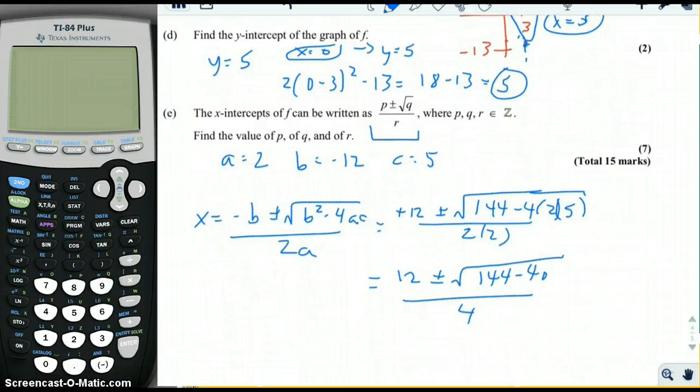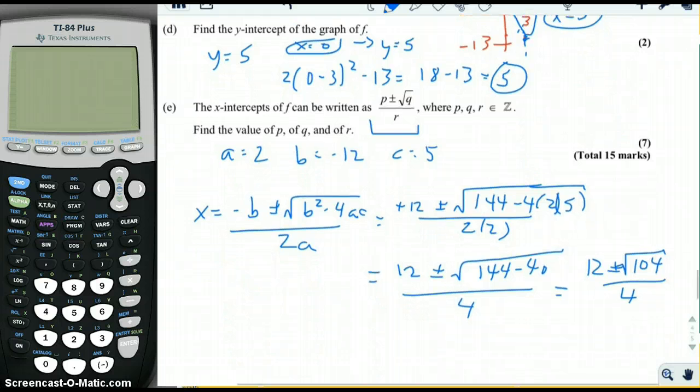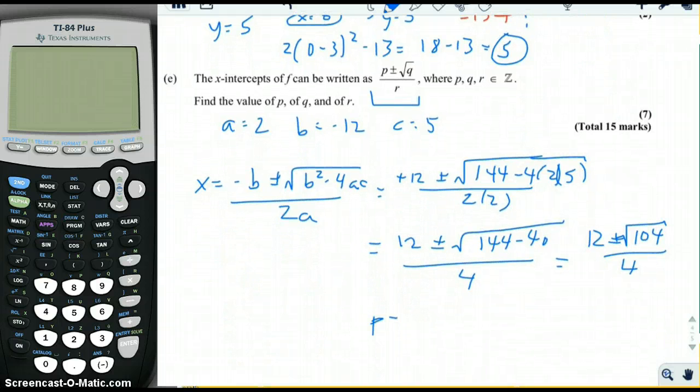So we're getting pretty close now. We get 12 plus or minus the square root of 104, and underneath it's 4. So we could say P equals 12, right? Q equals 104, and R is 4.